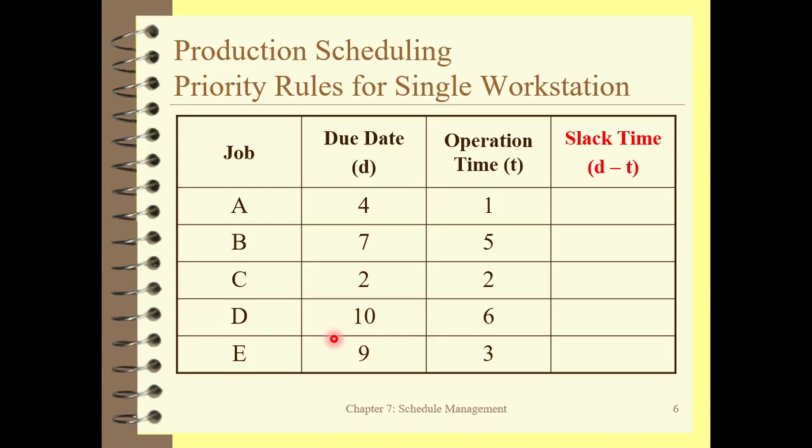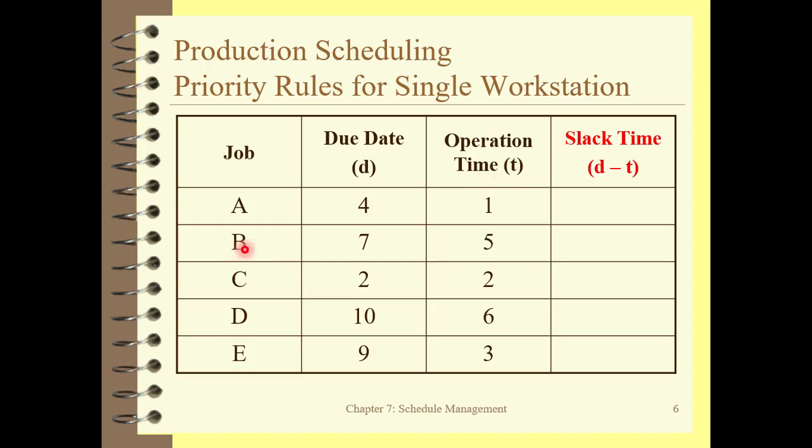I give you an example which consists of 5 jobs, that is A, B, C, D, and E. Each job has an operation time or processing time. For instance, job A needs 1 time unit to complete.